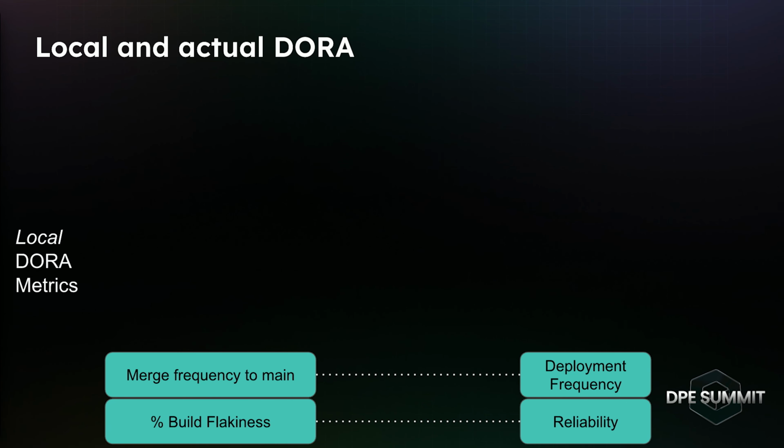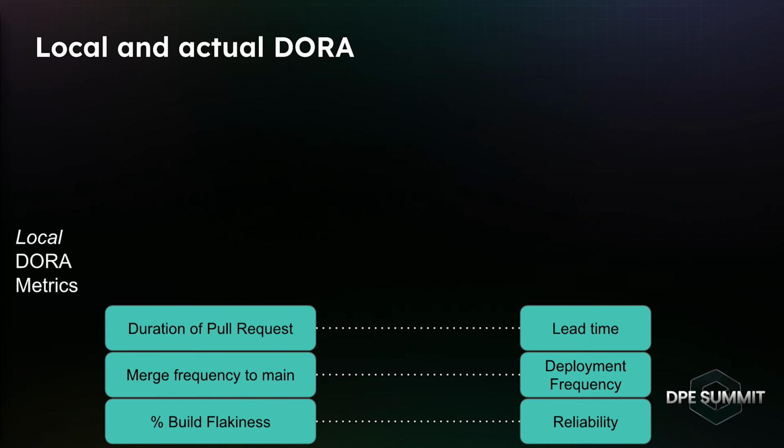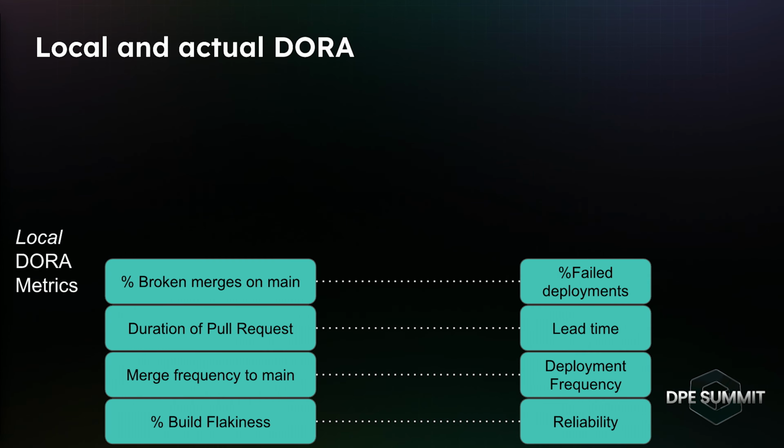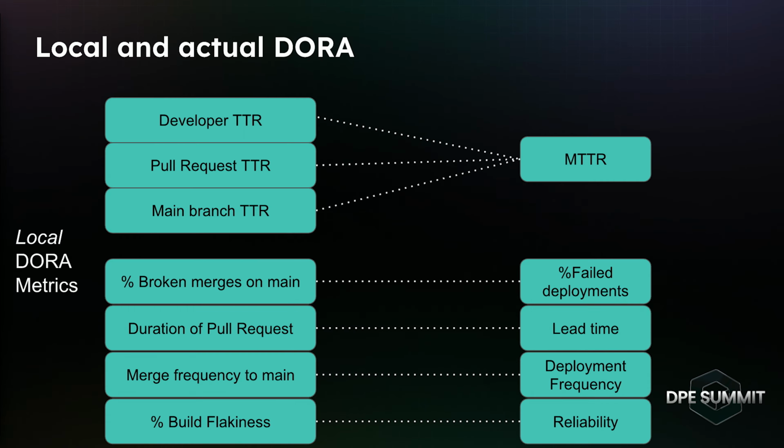The merge time frequency to main or master, which is sort of an equivalent of deployment frequency. The duration of pull requests, which looks like lead time. The number of broken builds on main, which looks like failed deployments. And the developer pull request or the main branch TTR, which is sort of an equivalent of the MTTR.